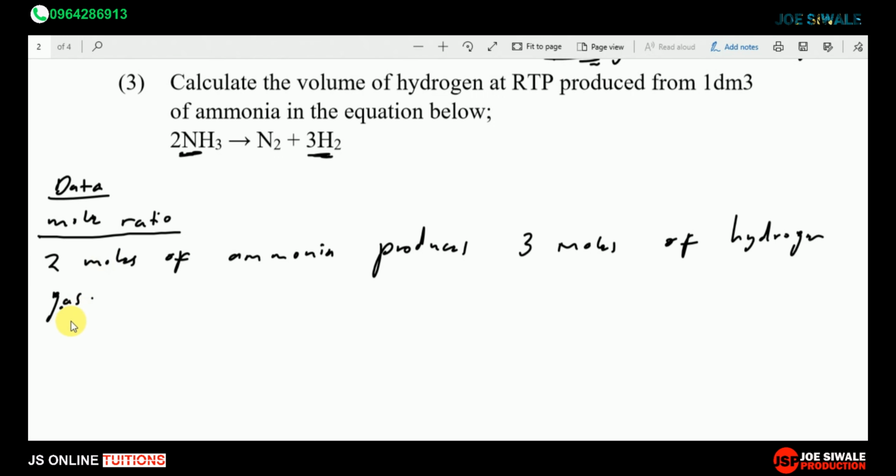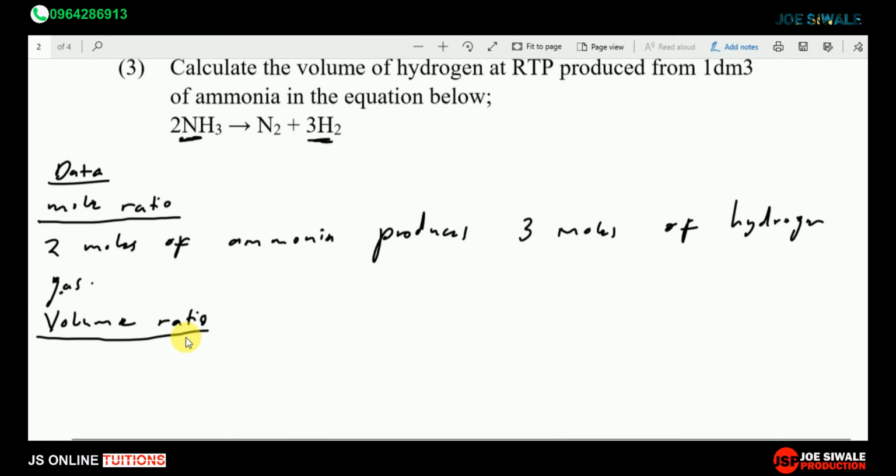So that's the first thing that we're going to do, and we know that we are supposed to calculate volume. So we're going to find our volume ratio, and for our volume ratio, we're going to start with that of ammonia, and we know that volume is equal to number of moles multiplied by the molar volume. So volume is equal to the number of moles of ammonia.